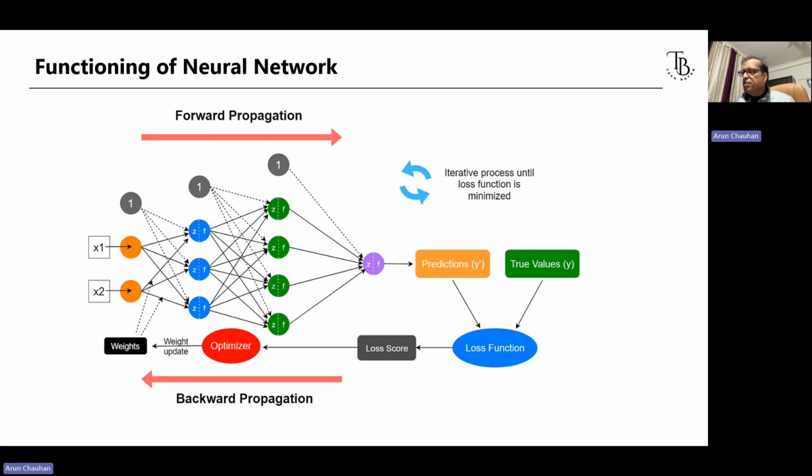And once the function is minimized, the model has learned, the model has optimized to the extent it could. Once this part is done, it is good to go to the next step, whether you want to deploy it or you want to drop it because it's not good enough. Those are the decisions that you can take, but the training part is done.